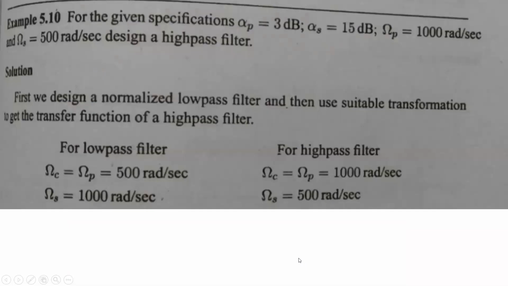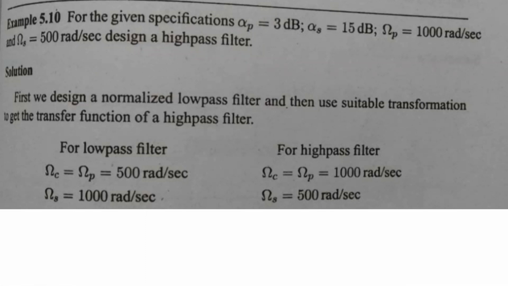So this is one example to design a high pass filter from the given specification. Here this is the passband frequency, which is a high frequency, and this is the stop band frequency, which is comparatively of lower magnitude. So you can easily visualize that you are going to design a high pass filter. But we know the designing of the low pass filter first.